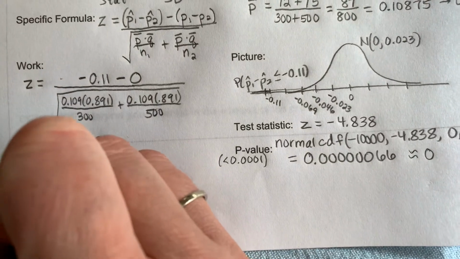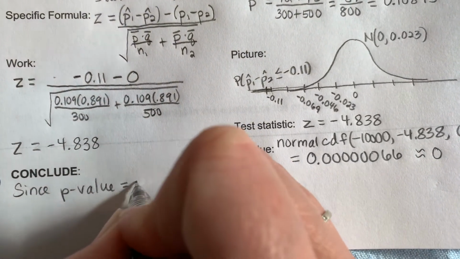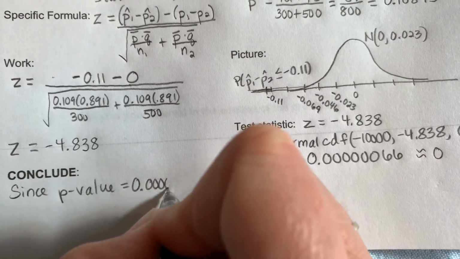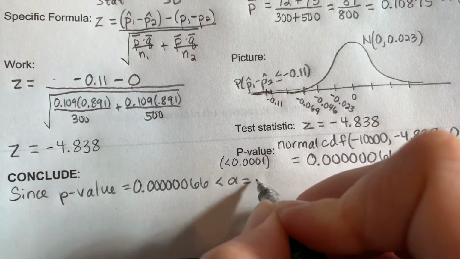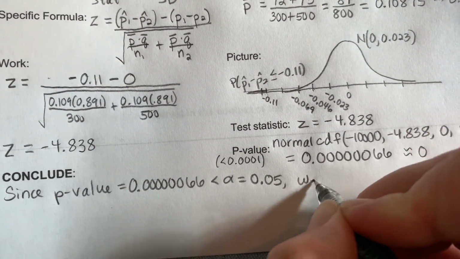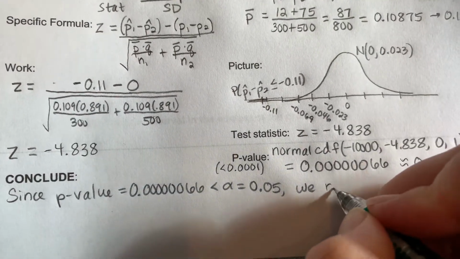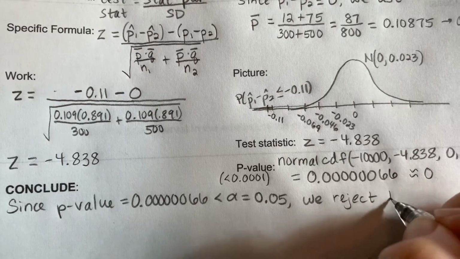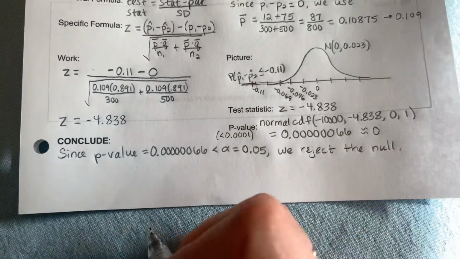So let's state that. Since the p-value equal to 0.000066 is less than our significance value of alpha equals 0.05. Remember, whenever your p-value is less than your significance value, you reject the null. We reject the null. We don't believe that original hypothesis could possibly be true.